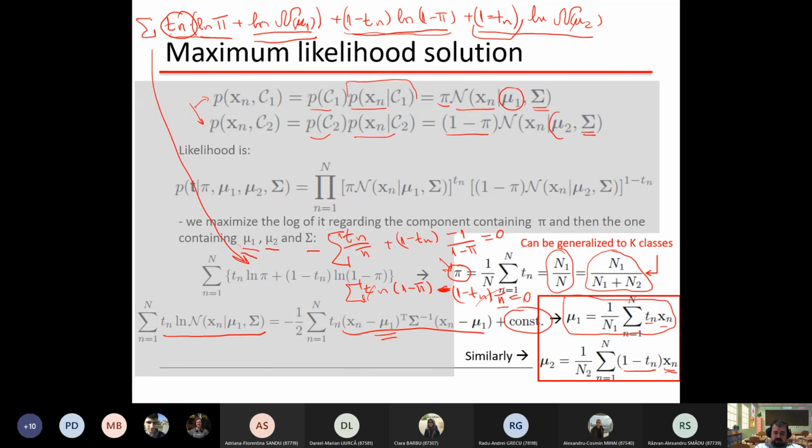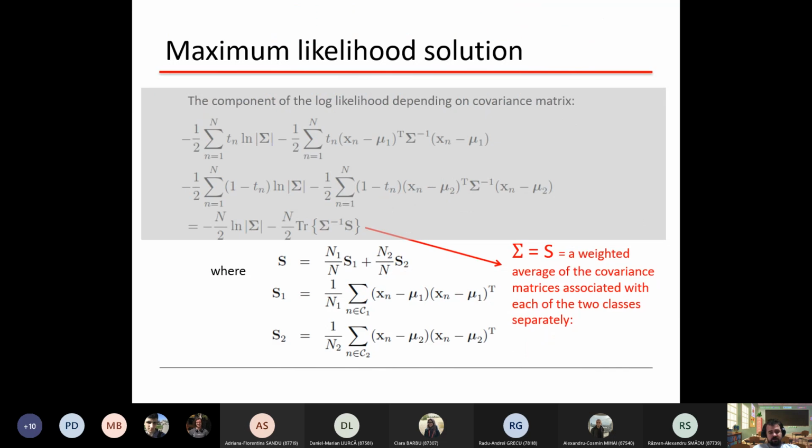So the only important information that you will have to remember is how we compute pi, as the number of points from one class divided by the total number of points, and how we compute the means mu1 and mu2 using these two formulas. In order to obtain the covariance matrix, the computation is a bit more complex, but what's happening in the end is that the covariance matrix is a weighted average of the covariance matrices associated with each of the two classes separately.